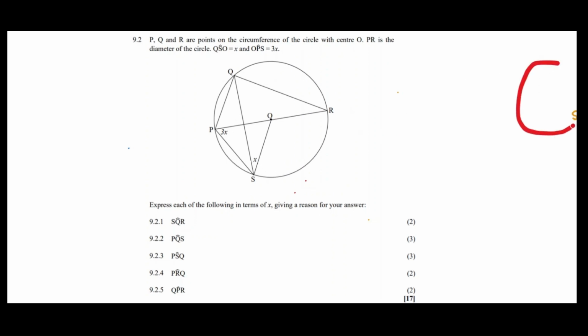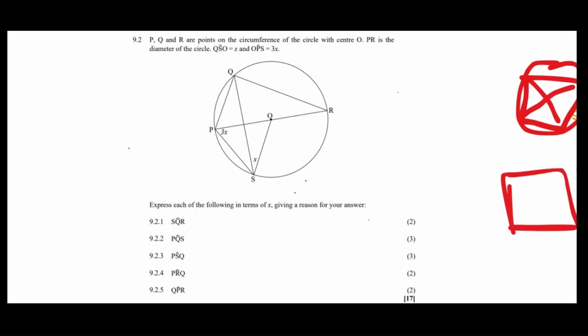Remember what a cyclic quad is? A cyclic quad is a four-sided shape where all four corners touch the circumference of the circle. A cyclic quad doesn't always have that bow tie shape within it. Sometimes it looks like a rectangle, but it has to touch the circle at all four corners. That is very important.